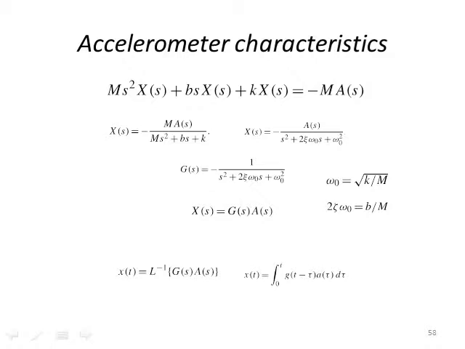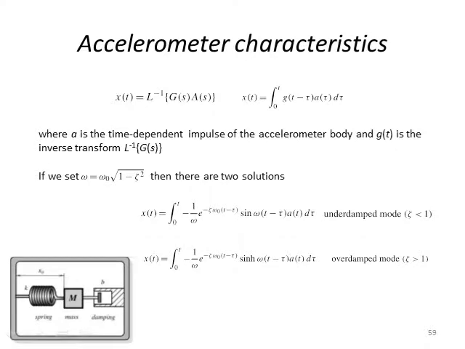Okay, and then we can take an inverse Laplace transform, and we get our output signal x(t), the inverse Laplace transform of G(s) times A(s), and then we can see that in the time domain, this simply has the integration of the transfer function, g of t minus tau, times the acceleration, with our integrating factor tau.